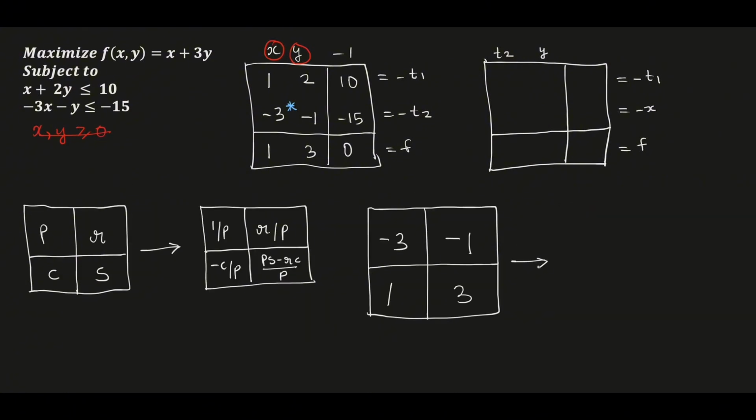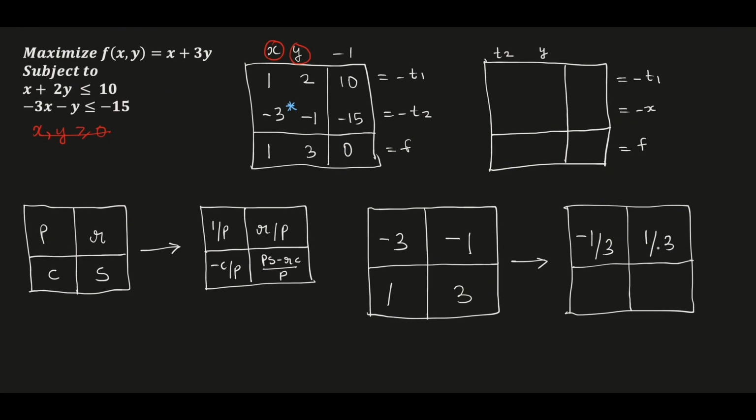Now if we transform this, the pivot will be 1 over P, which is 1 over -3, so -1 over 3. This will also be -1 over -3, so this will be positive 1 over 3.